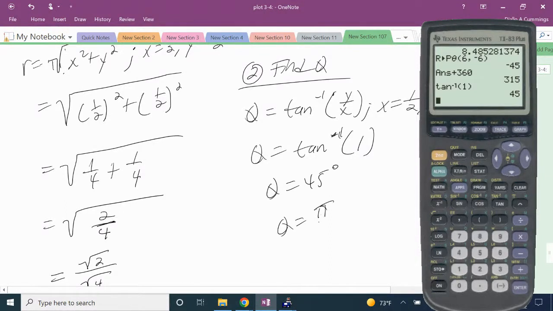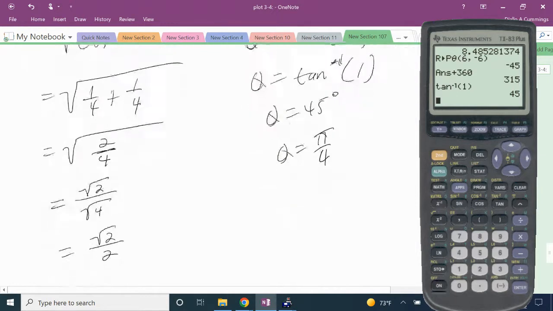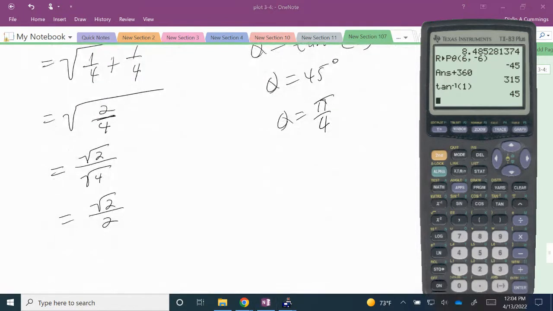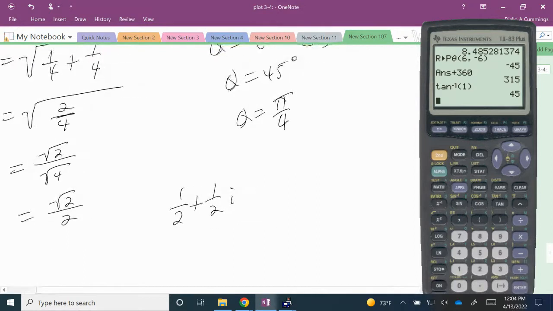And if we convert 45 degrees to radian measure, we have pi over 4. So we can write 1/2 plus 1/2 i as square root of 2 over 2 cis pi over 4.